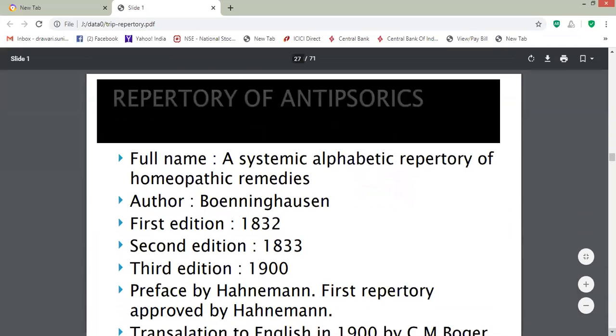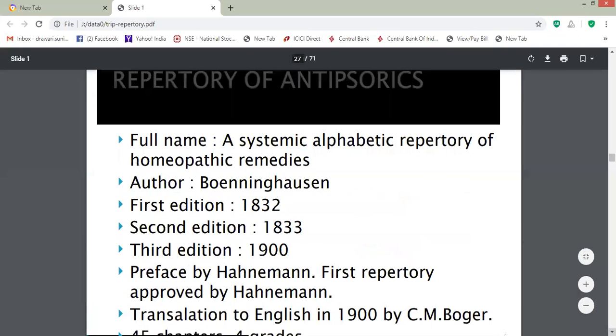Then we discussed today this small repertory, that is Repertory of Antipsorics. The full name of this repertory was A Systematic Alphabetical Repertory of Homeopathic Remedies.